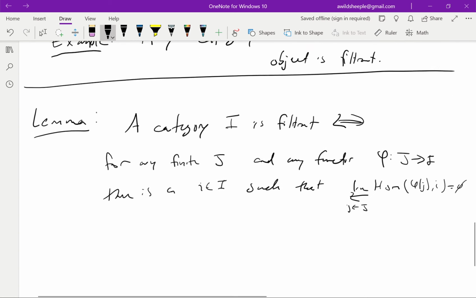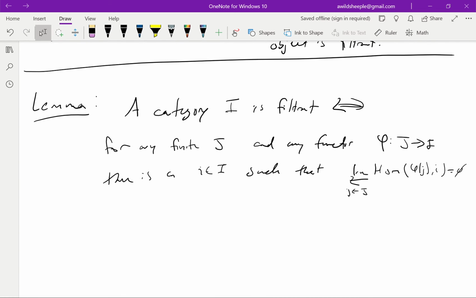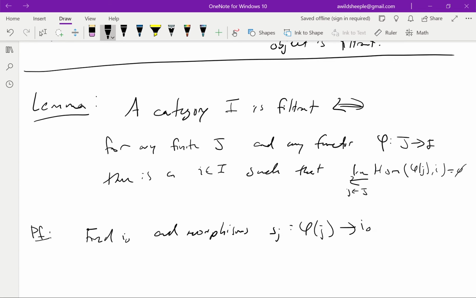Okay, and how do we prove this? Not so bad, a brief argument. For one direction, we assume that I is filtrant, and we set J and phi as in the statement. Since J is finite, there is an I0 and also some morphisms, which I'll index by the elements of J, so we'll call them Sj, from phi j to I0 for all j.